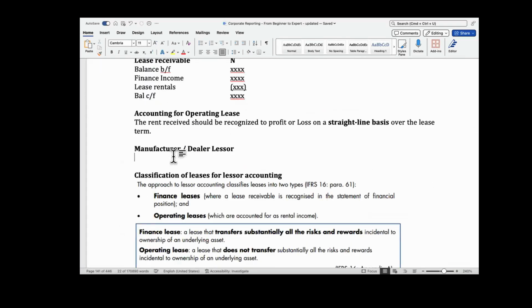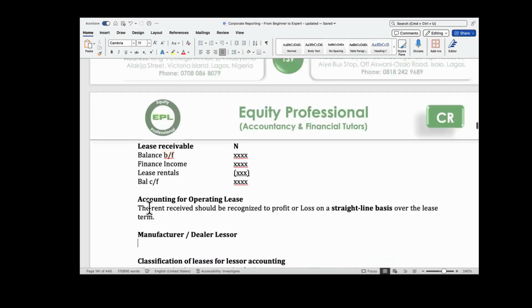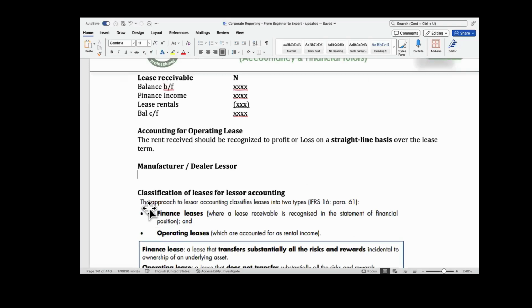If this manufacturer or dealer lessor leased out this asset under a finance lease, which almost translates to selling the asset, because a finance lease is as good as sold, if you remember the indicators, the standard says that in addition to doing this lease receivable and the rest, he must assume that he has sold the asset.